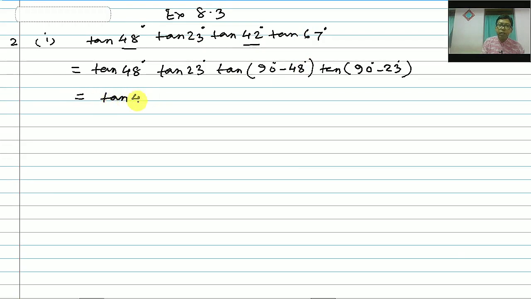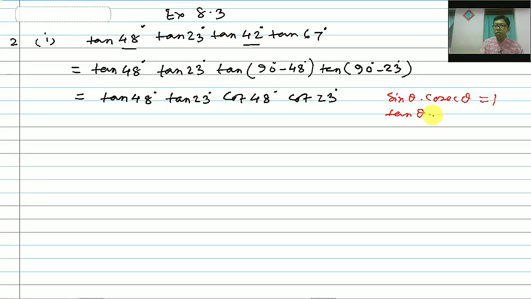So this is tan of 48 degree into tan of 23 degree. Tan 90 degree minus theta, theta is here 48 degree, means cot 48 degree. Similarly the second one also cot of 23 degree. Now one formula I discussed earlier, that sin theta into cosec theta is equal to 1.